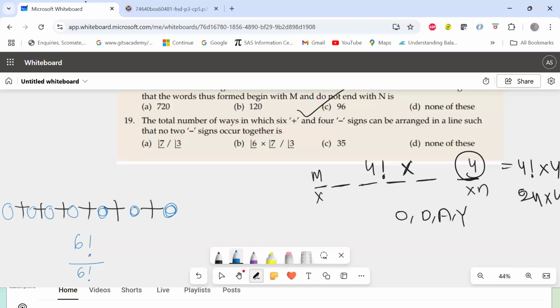So the answer for that would be one way. You put any plus sign anywhere, it doesn't matter.